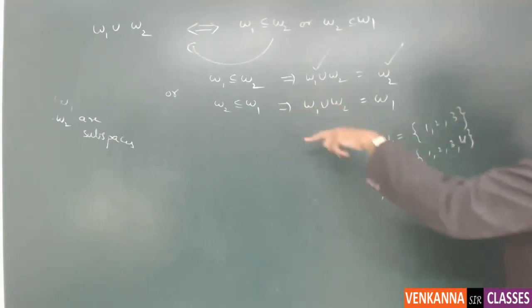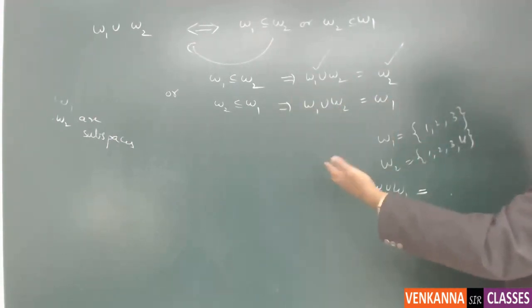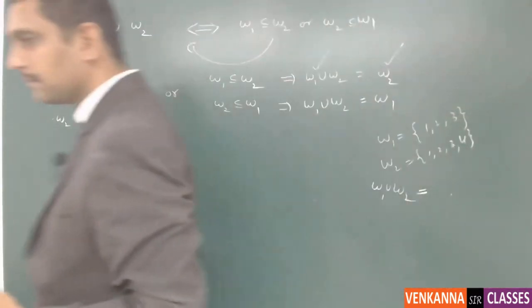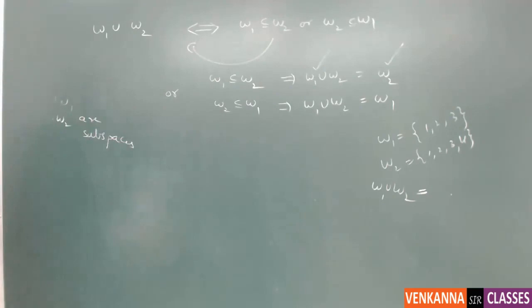So whatever the case you consider, the union is a subspace by default. Clear? Yes or no? Are you getting the point? Right. Now, one part is clear. Let us go with the other direction. So, what are we going to prove?